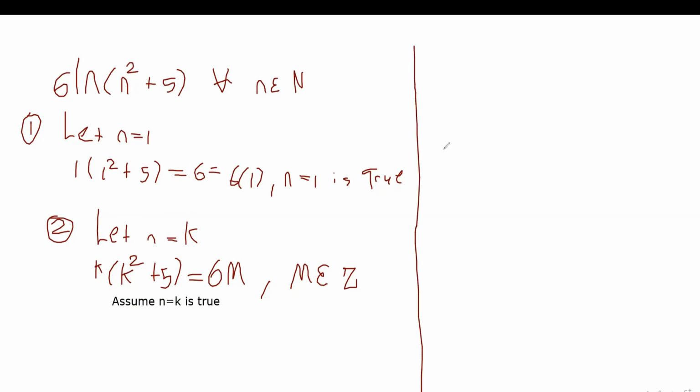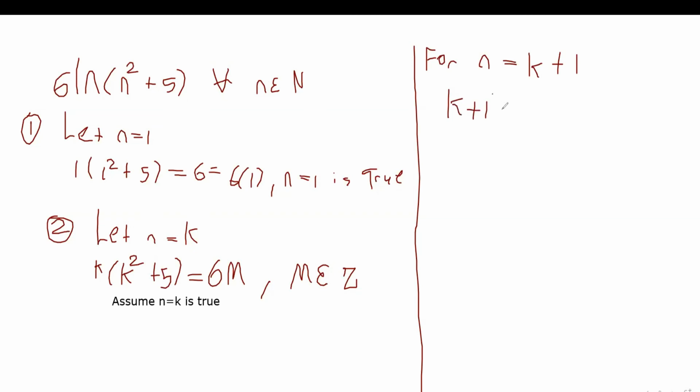Now here's the nice step, for n equal to k plus 1. For n equal to k plus 1, what we're going to have is k plus 1 for n.